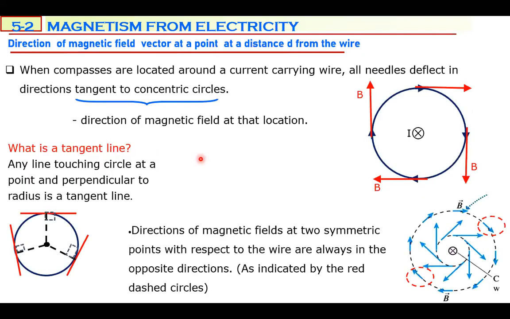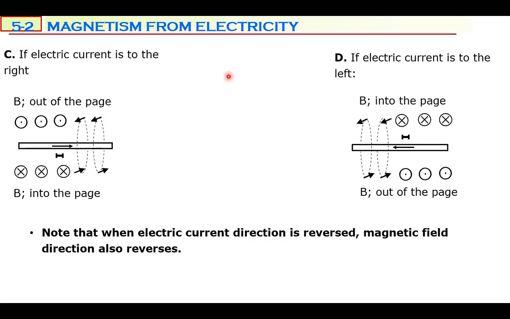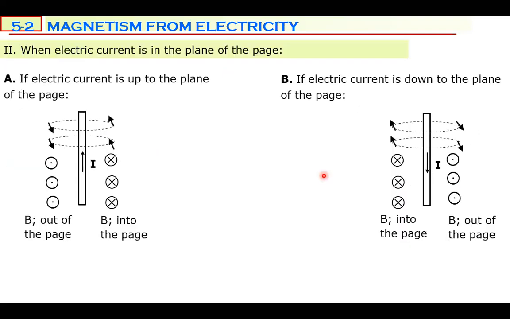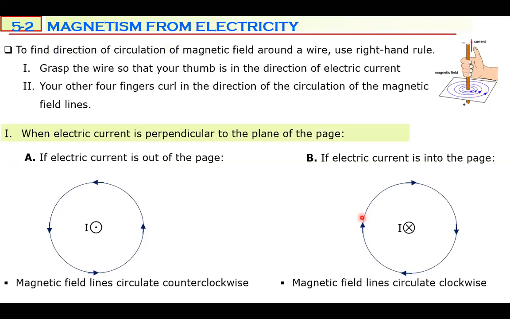And we know how the circulation of the magnetic field is, but we didn't talk about the exact vector direction at different points, because for every point on this circle, the direction of the magnetic field is different. For example, here it is to the right, here it is down, here it is to the left, here it is up.